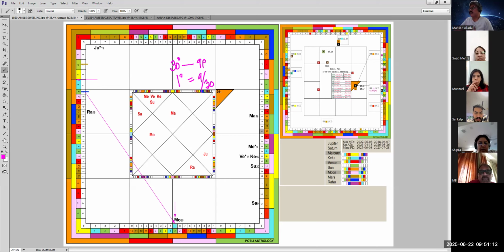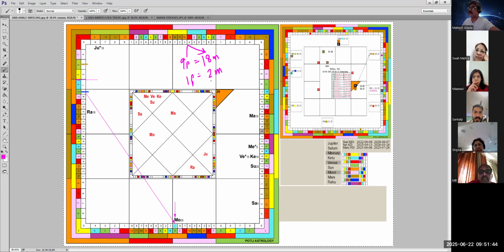So we can take 9 padas, it takes 18 months. So each pada will take 2 months. Yeah, you're right. Sorry, my mistake. Oh, I'm getting confused. One pada will take 2 months. 3.33 degrees. Correct. So just understand, 9 pada, this thing actually I do mentally.